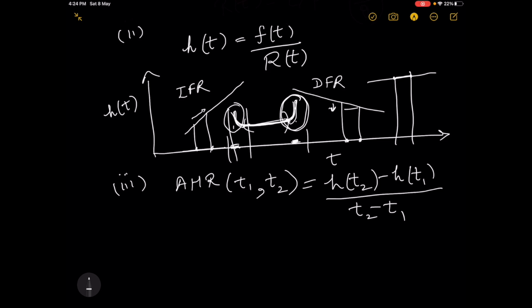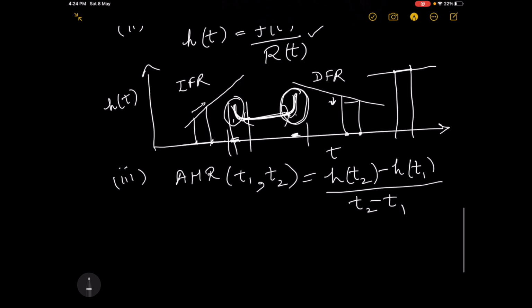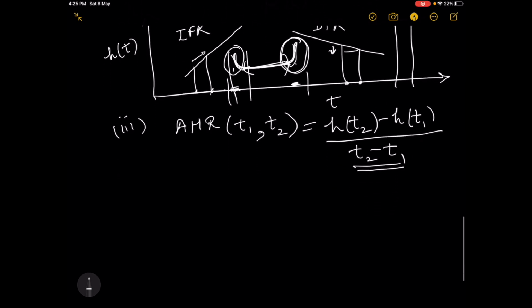So, logically, what we understand is hazard rate is instantaneous, the failure rate at one point, whereas average hazard rate covers a period and indicates the average hazard experienced in that period by the particular component.